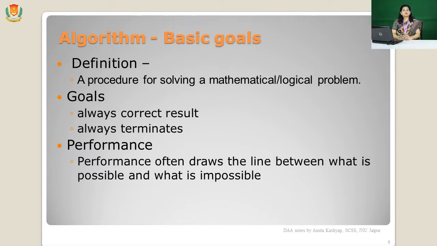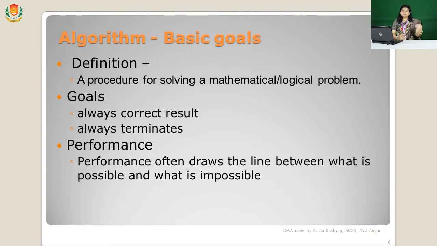If we are supposed to process say 1000 records, make calculations, and we want to store the result onto the disk or somewhere in memory in the form of a file, then we have to make sure that our program stops somewhere.